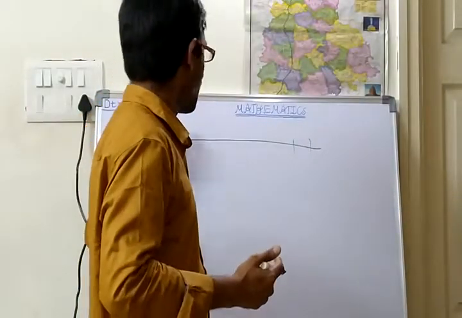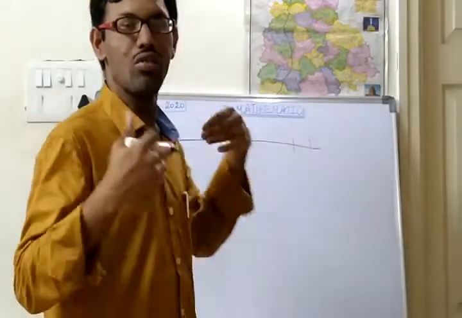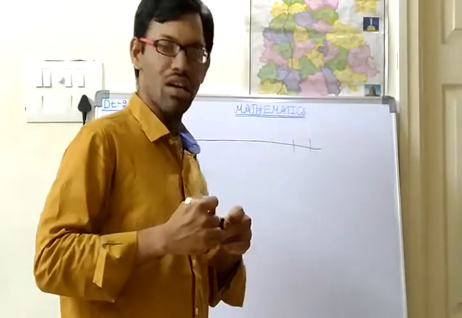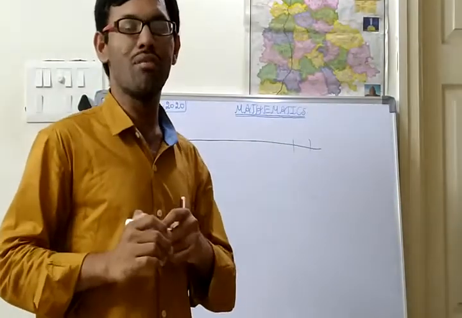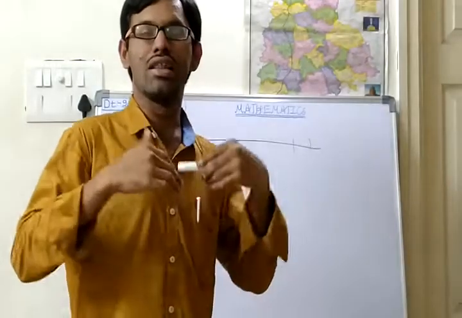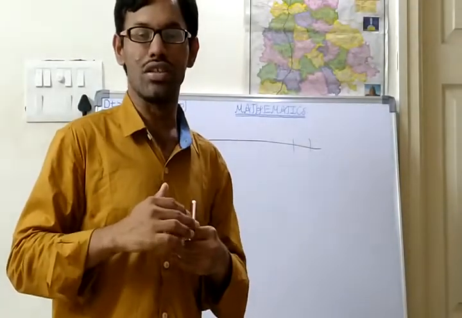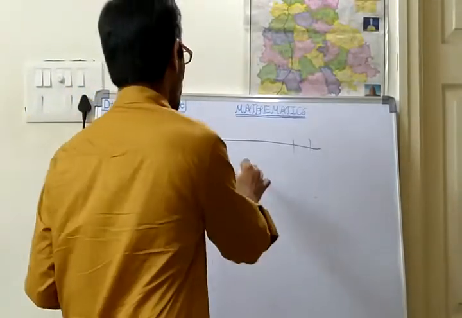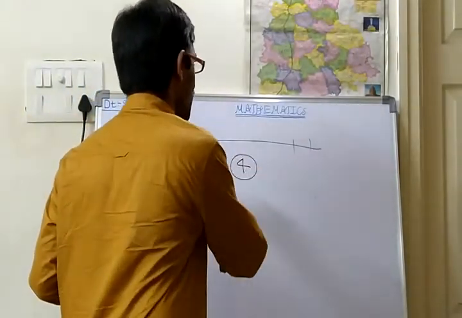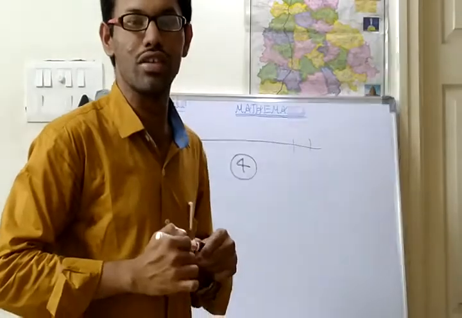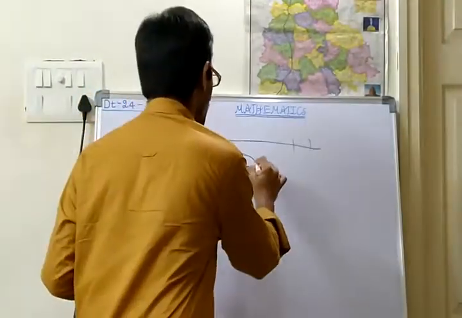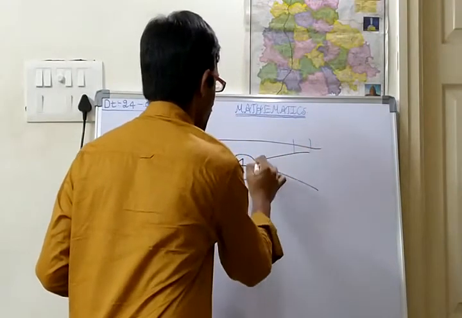Regarding this number line only, we shall see one more concept. Generally, in mathematics there are 4 basic operations. I think you people might be knowing. What are those 4 basic operations?